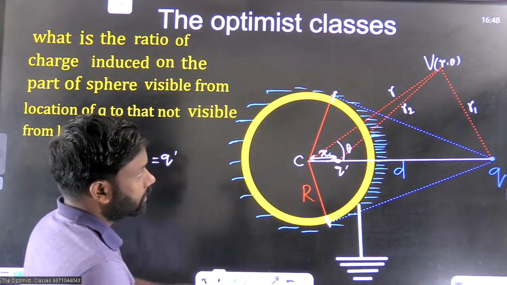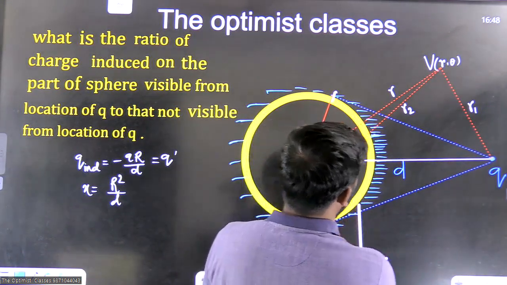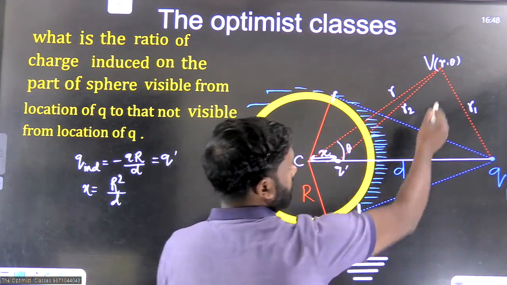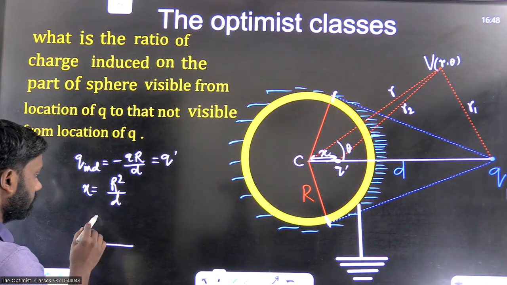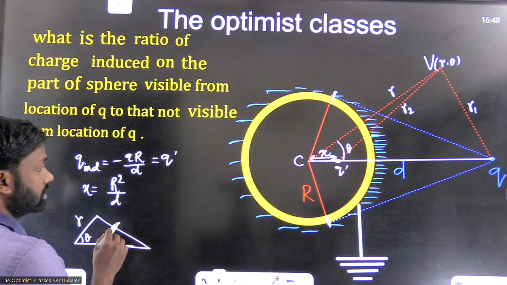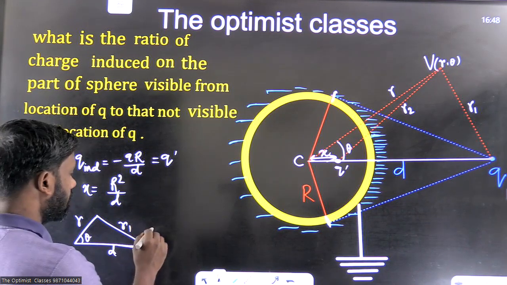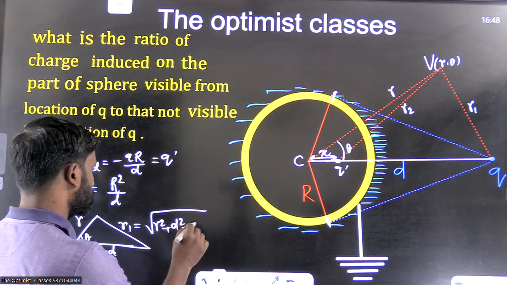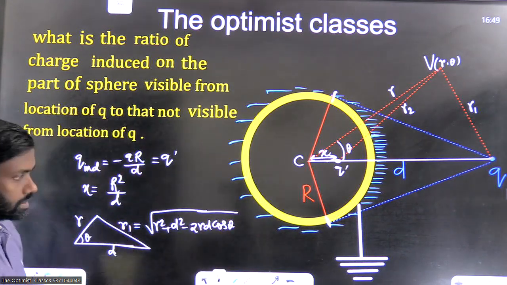If we take this big triangle, this distance we are calling R and this distance is D. We have a triangle of this kind, with this distance as R, this angle theta, this side R1, and this distance D. So R1 will be equal to the square root of R square plus D square minus 2R D cos theta. That's the value of R1.